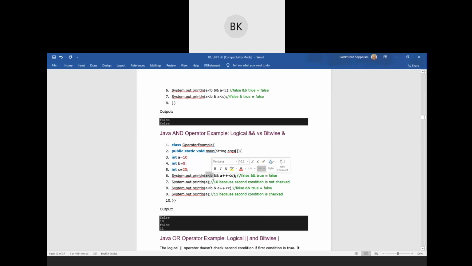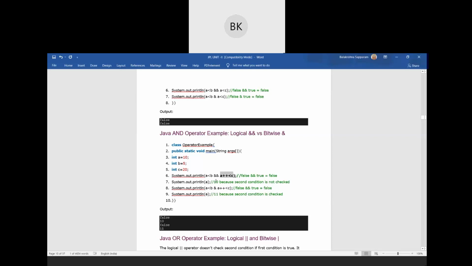After the logical AND operation, no statement has executed. No statement has executed means, look here, a plus plus is not executed. This is also one of the relations here having the a plus plus. A plus plus is not executed means what is the initial value of a? 10.